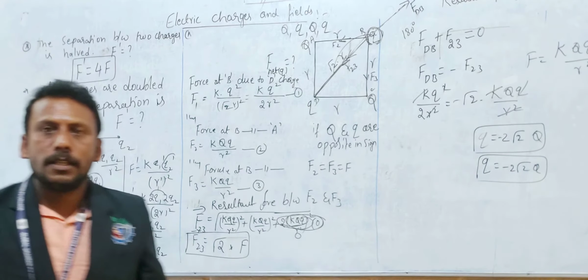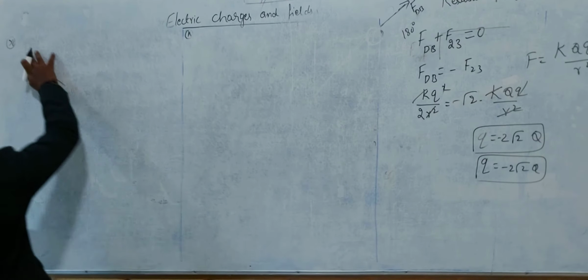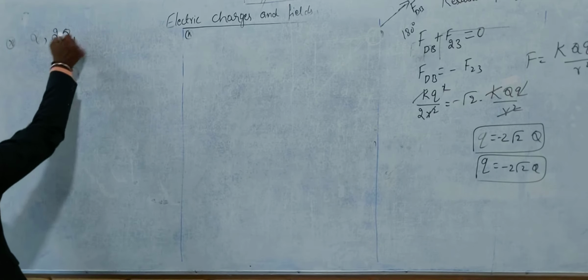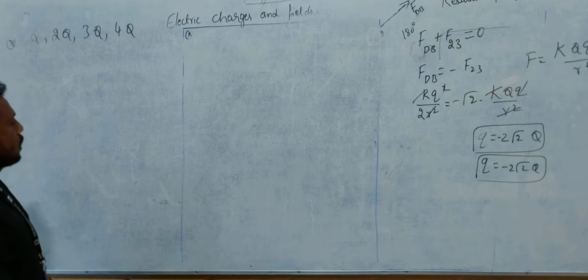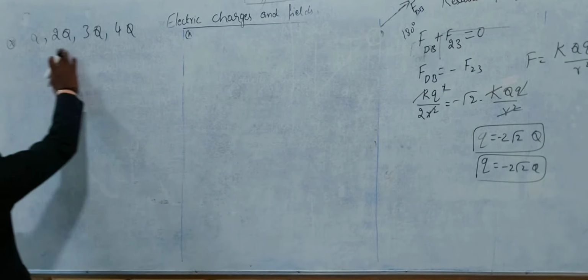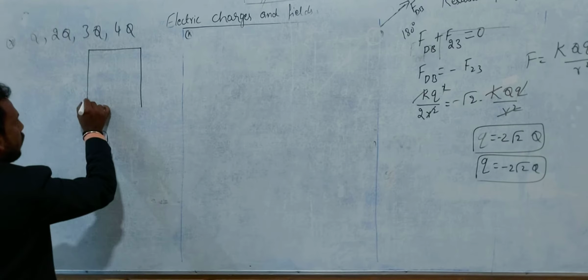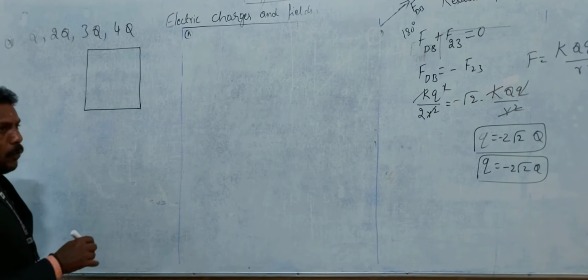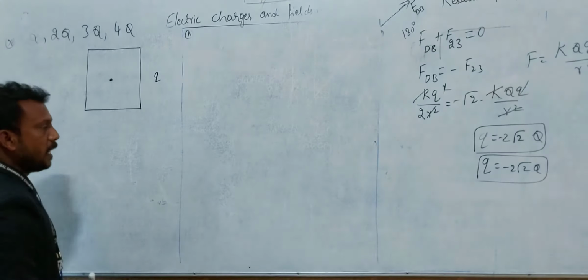And the next question is, if 4 charges capital Q, 2Q, 3Q and 4Q are placed at the 4 vertices of the square, what is the net force at the center of the square if a small q charge is placed there?